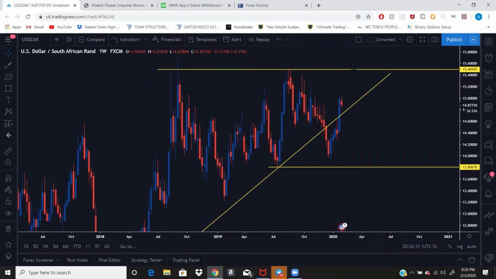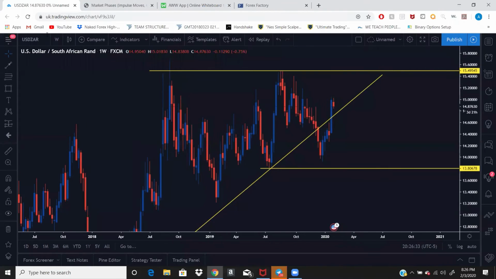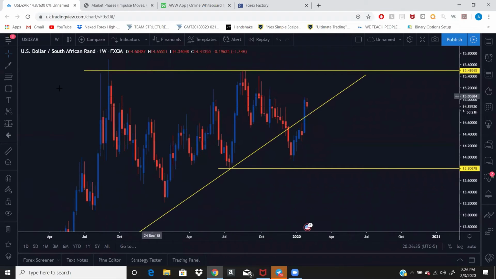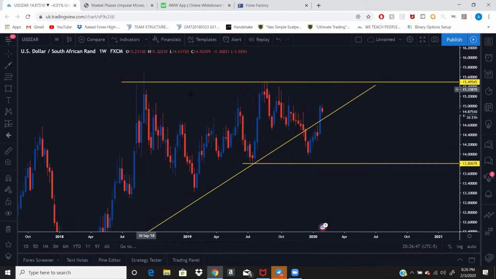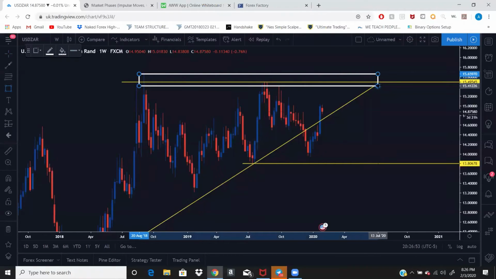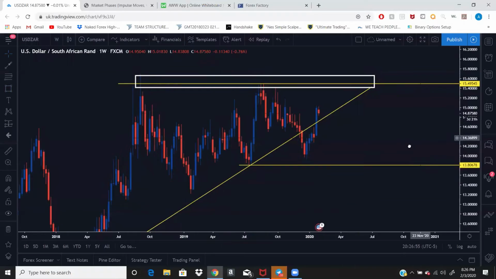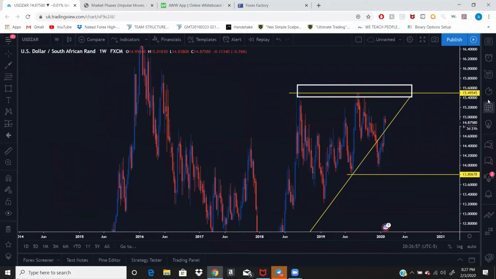Okay. So actually, this looks like it had an attempt to break this weekly bullish trend line. It was not successful, as you see. The market came right back up, and it looks like it's headed back to this zone right here, to this strong resistance and also supply zone, right?